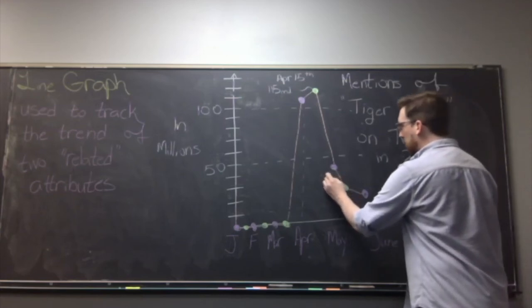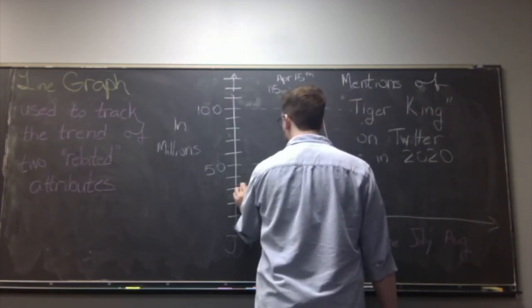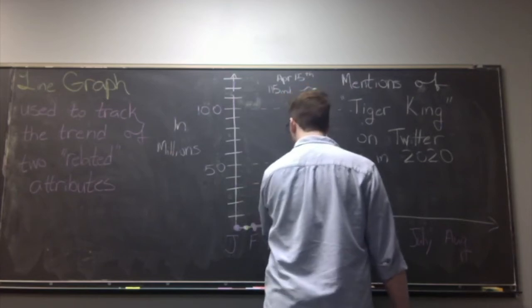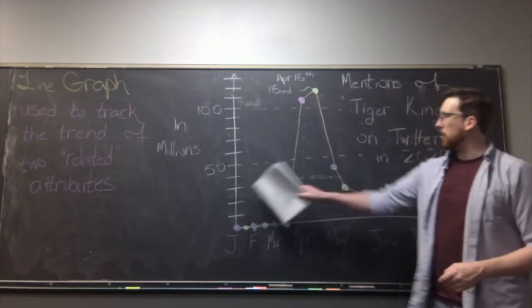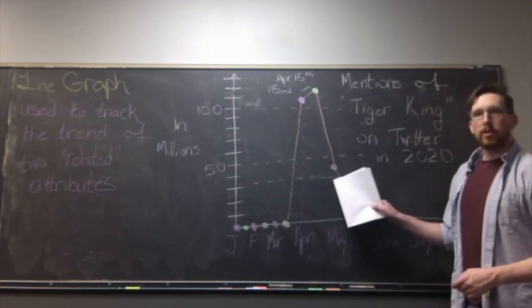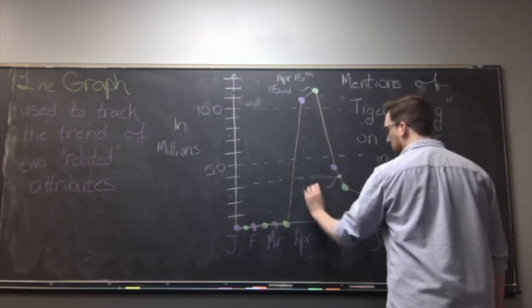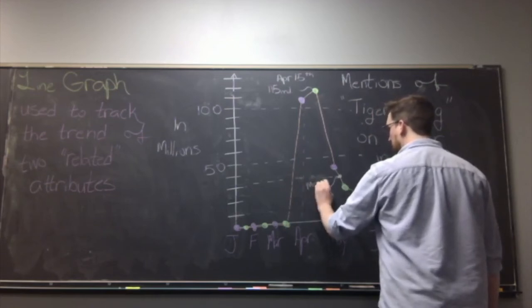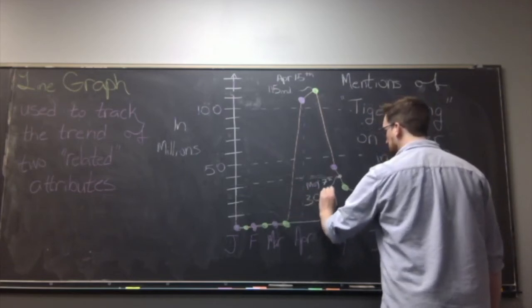Now, if we were to bring this over, we would find that this comes out to be somewhere around what looks like 30 million mentions. So we would say, cool, on May 7th, there were about 30 million mentions.